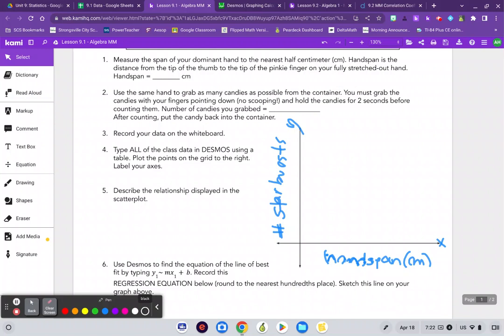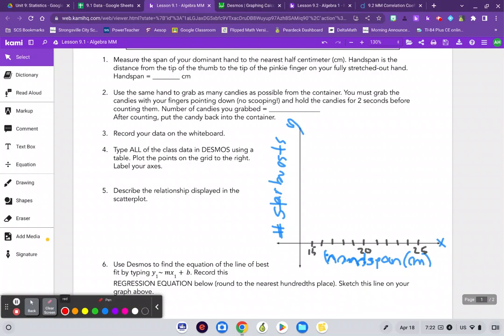We labeled the x-axis going by ones, starting at 15, which seems a little strange. So 16, 17, 18, 19, 20, and then 21, 22, 23, 24, 25. The largest hand span we had was 25.